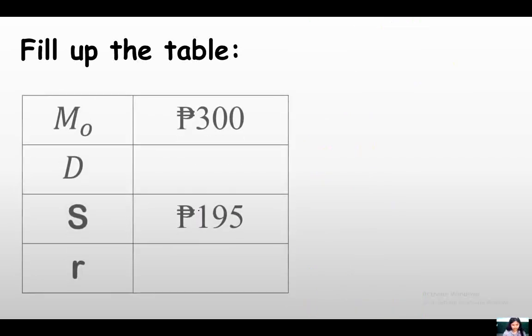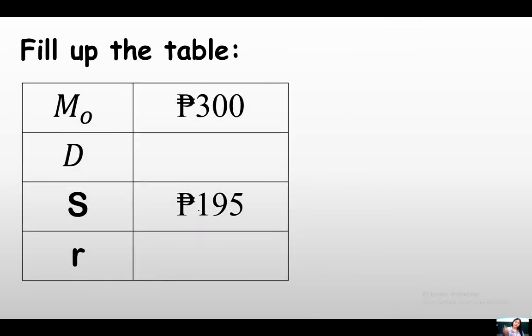Let's fill up the table again. So the given are the cost price and the selling price, and we are asked to get the discount. So discount is equal to rate times the cost price. Do we have the rate? We don't have the rate, but we have the cost price.